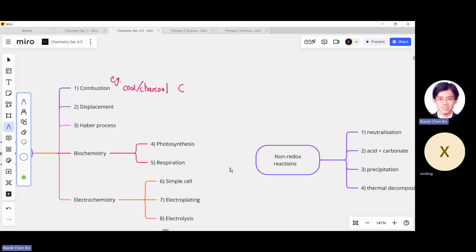What else do you need for combustion, Sarah? What's the other reactant you need for something to burn? Heat. Okay, besides that, what's the other reactant? Okay, this one you must know, everyone. You need oxygen. Combustion is actually burning.